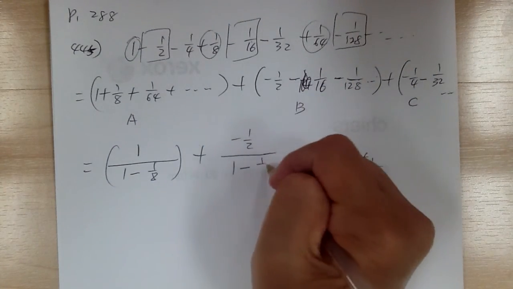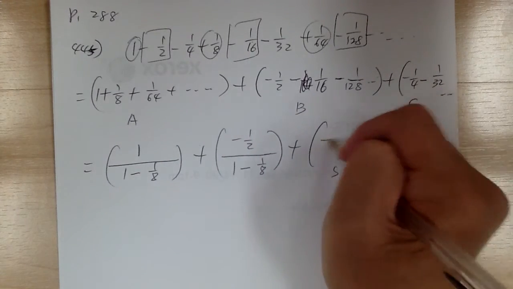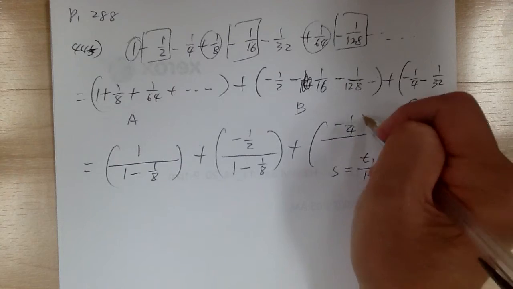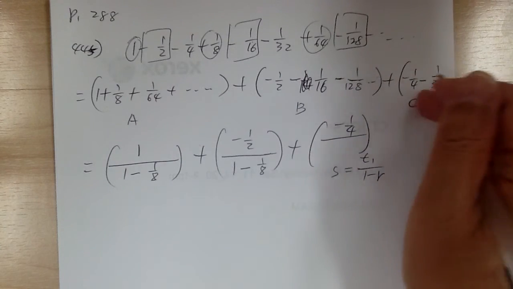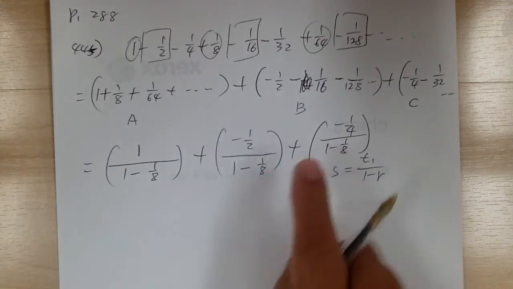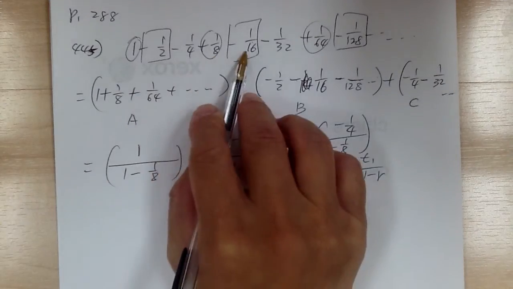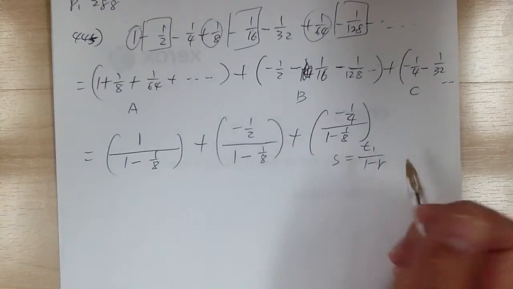Now the third series, the first term T1 is negative 1/4, and again R is 1/8. So you can separate into three series because you have plus, minus, minus, plus, minus, minus.